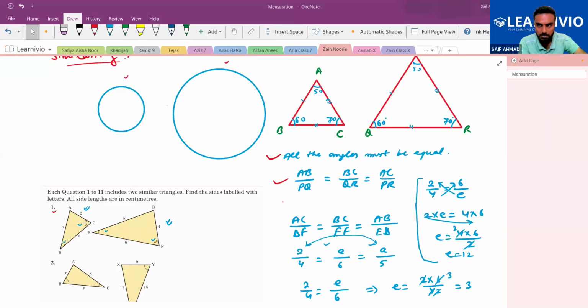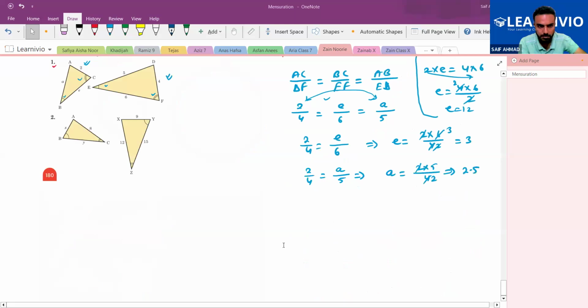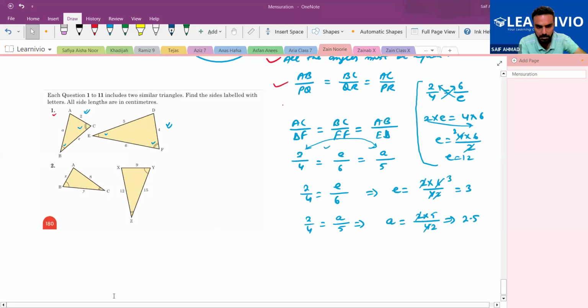Okay, I noted it down. Find the answer of the second.